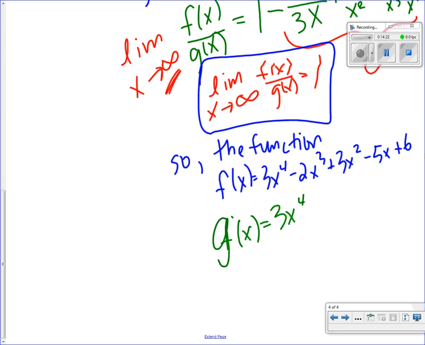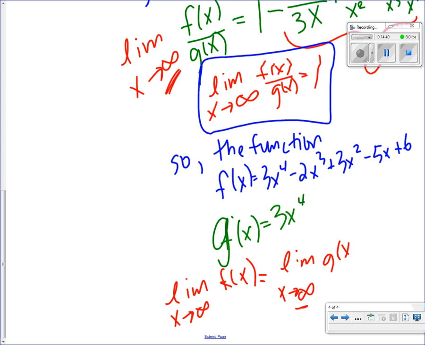So if I want to know the limit as x approaches infinity of f, oh my goodness, I do not want to do all those calculations. Good news, I don't have to, because at infinity it's going to act exactly like g. Well, let's look at g. What happens as x gets sufficiently large? If you have a really large number, you raise it to the 4th power, you have an even larger number. Multiplied by 3, you have an even larger number. So these numbers are getting sufficiently large. We are going towards infinity.